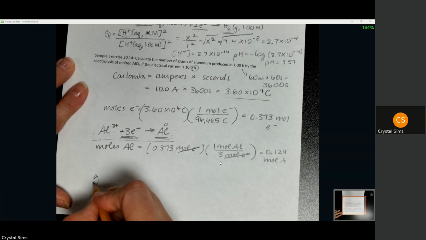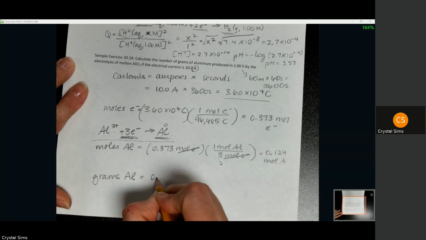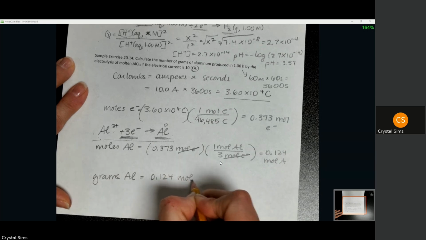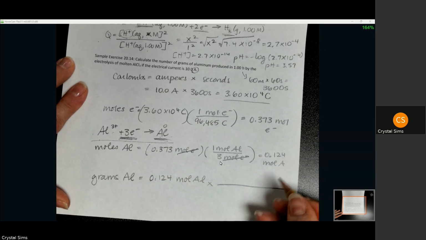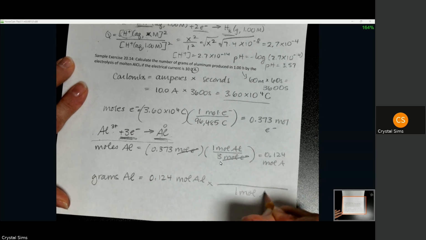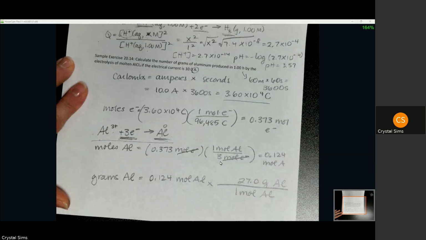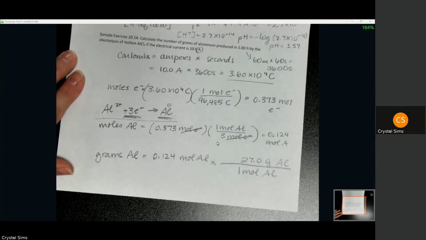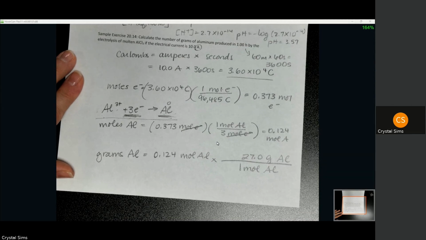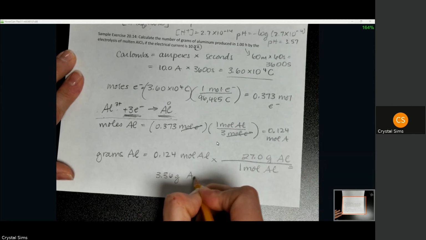Well, now I can use my molar mass to solve for grams of aluminum. And 1 mole of aluminum has a mass of 27.0 grams. So that gives us 3.36 grams of aluminum.